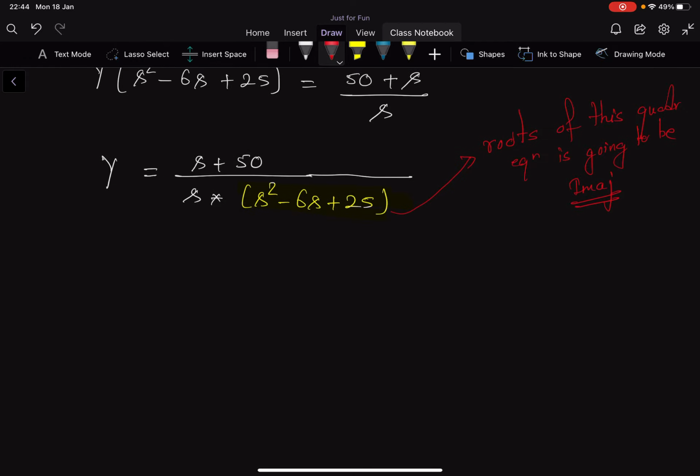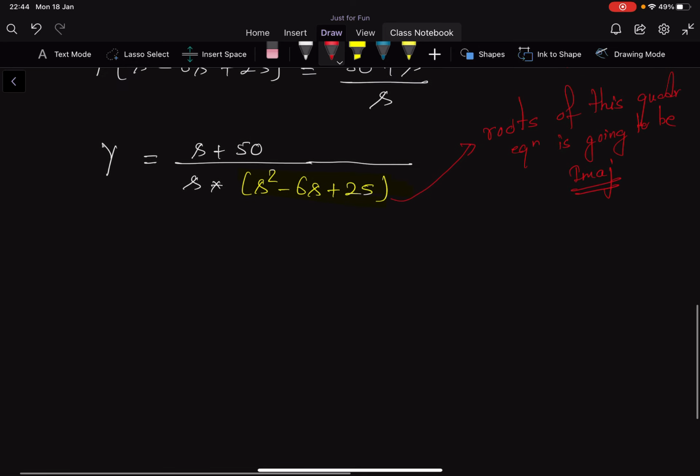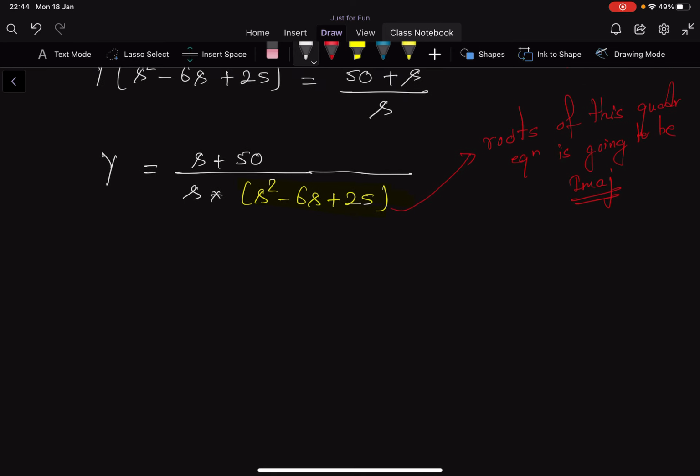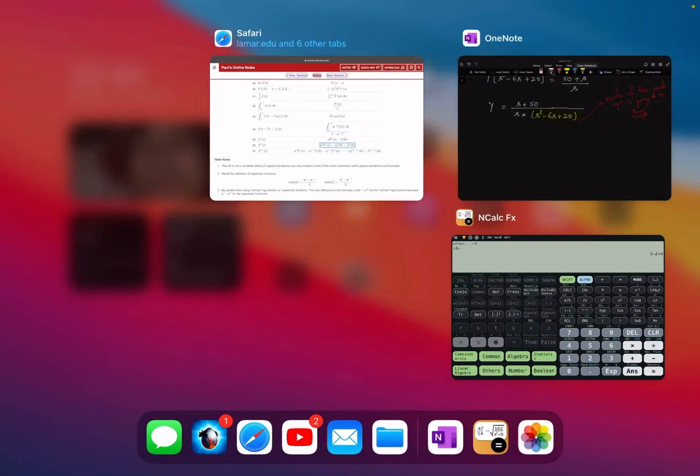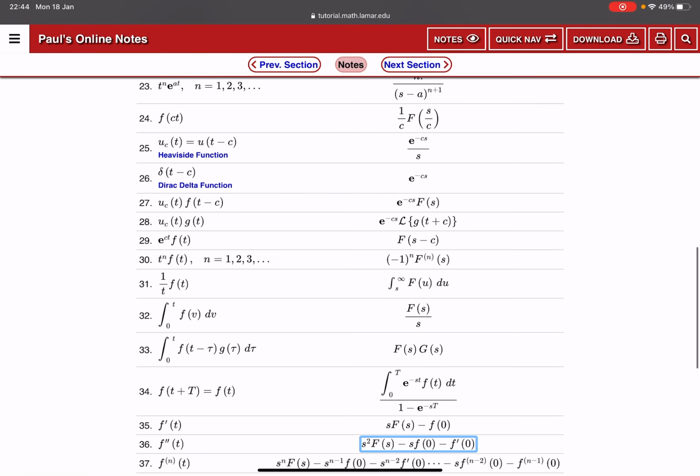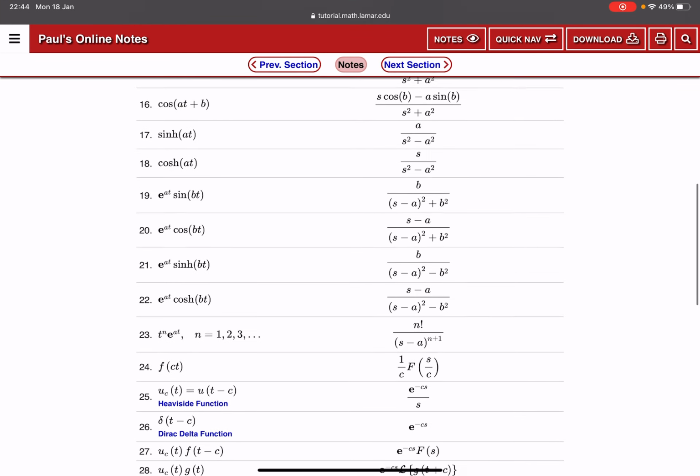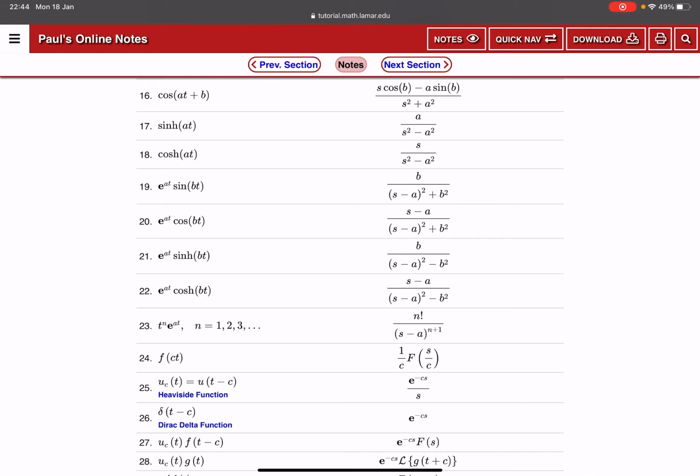Now when we're solving this kind of question, the next step we need to do is applying partial fractions. The only reason we need to apply partial fractions is so that we can separate this fraction, and if you go back to the formula, so that we can get a structure something like this, which is number 19 and 20.